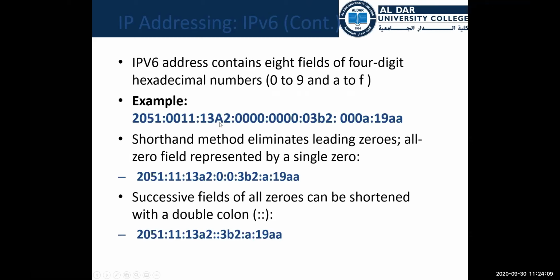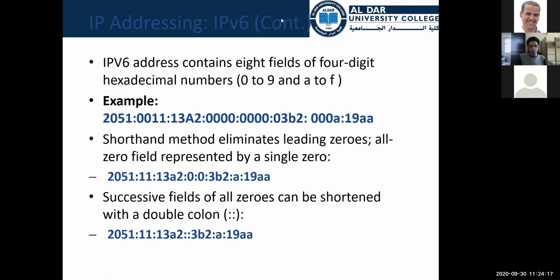This address is very long, so maybe we have to compact it a little bit. For example, if you look at these two groups of four zeros, I can compact each into a single 0, one here and one here. I compact the IPv6 address to make it smaller.